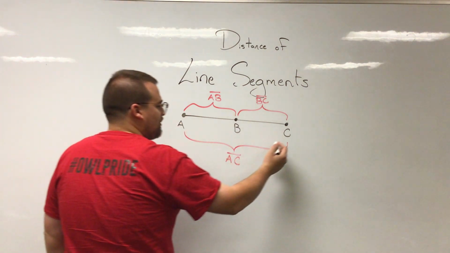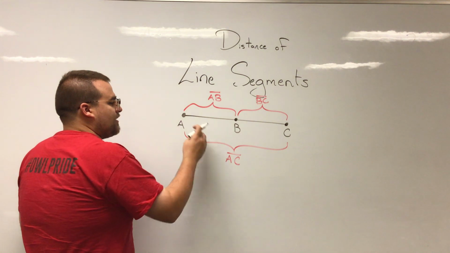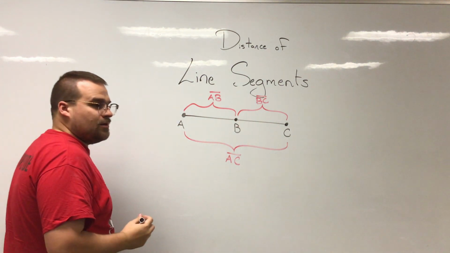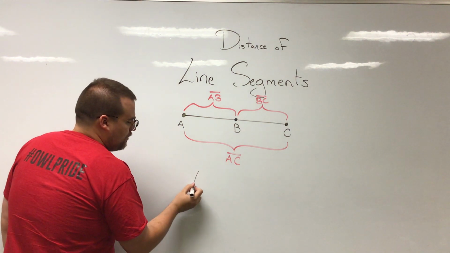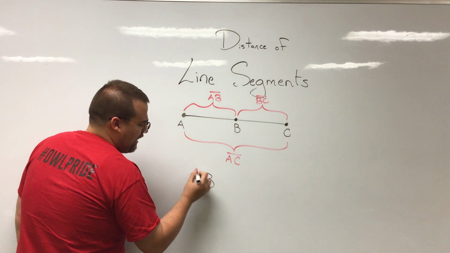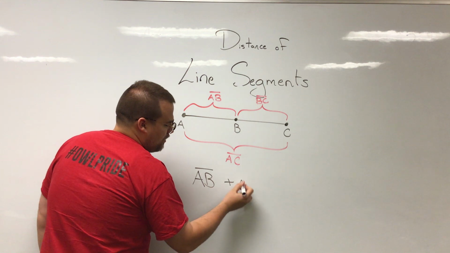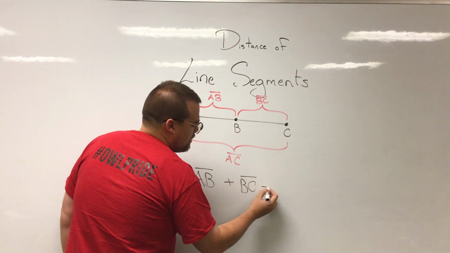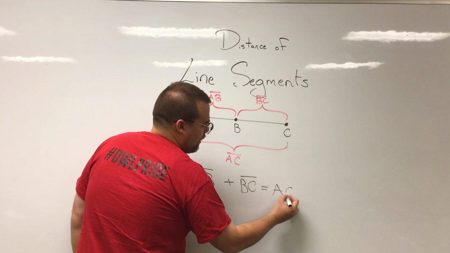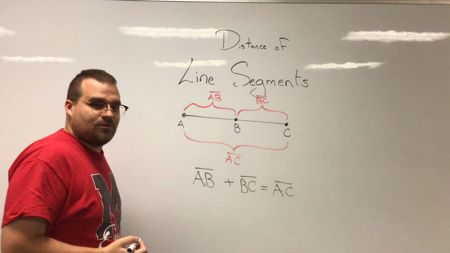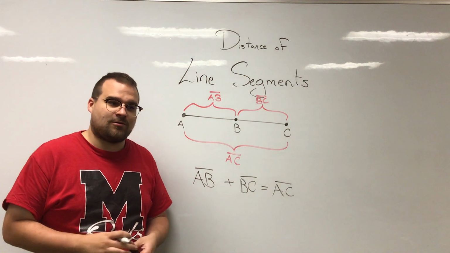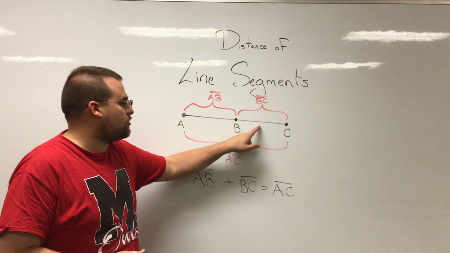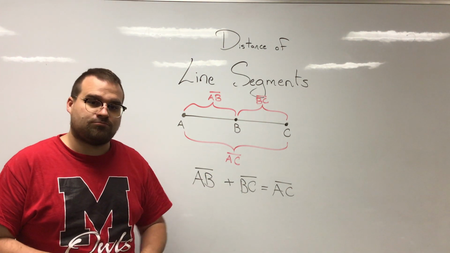If this entire thing is A and C, and it's made up of the part AB and the part BC, then couldn't we write line segment AB plus line segment BC equals line segment AC? I mean, that makes sense, right? This larger segment is made up of these 2 smaller ones together.